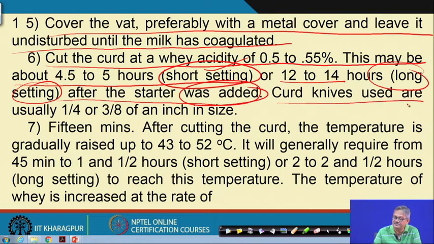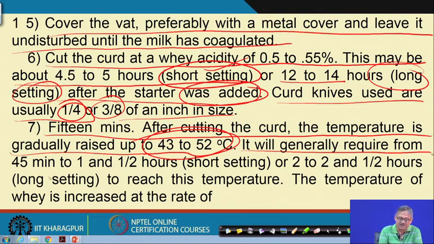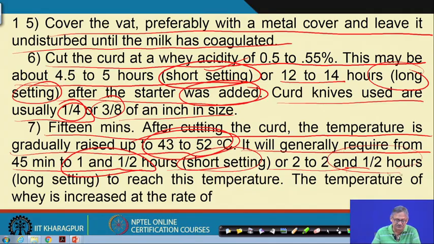Curd knives used are usually 1/4 or 3/8 of an inch in size. Then 15 minutes after cutting the curd, the temperature is gradually raised up to 43 to 52 degrees centigrade. It will generally require from 45 minutes to 1.5 hours for short setting, or 2 to 2.5 hours for long setting to reach this temperature.